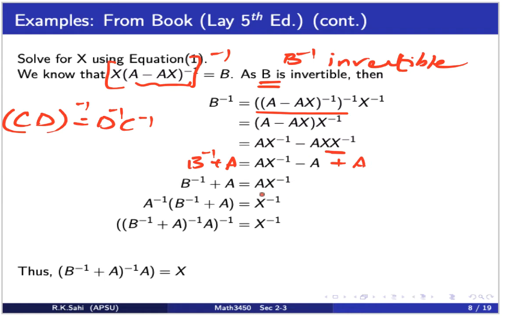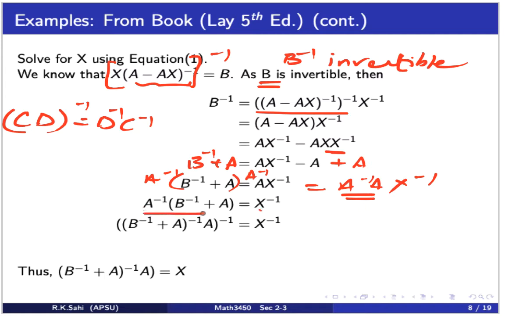Now, remember, A is invertible, so we can multiply the whole equation by A inverse on the left-hand side. On this side we have A inverse A times X inverse, and A inverse A is an identity matrix, so you get X inverse.